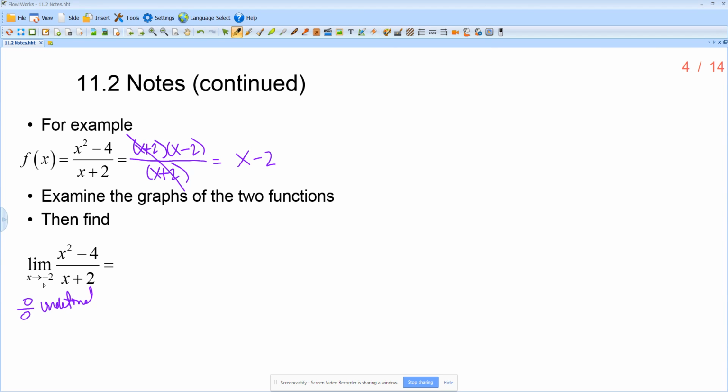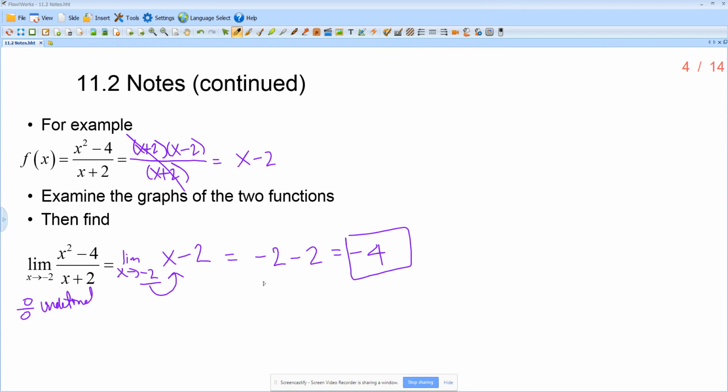Which means that the limit of that rational function is equal to the limit as x goes to negative 2 of the quotient function, x minus 2. And you can see here, now if I substitute this negative 2 in, I have negative 2 minus 2, which is negative 4.